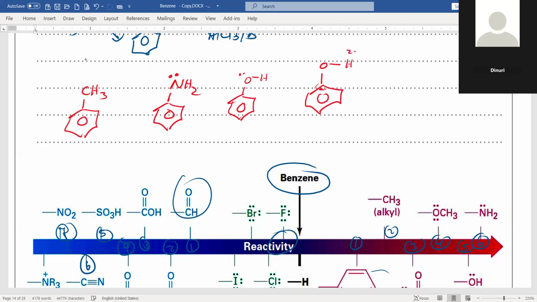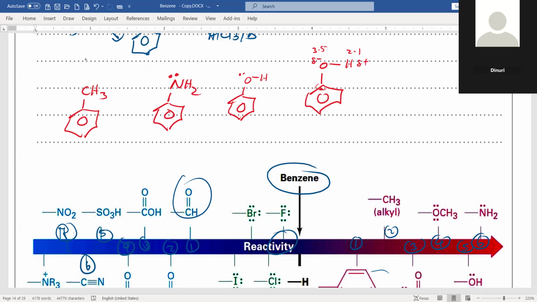The electronegativity is 2.1 here, and the electronegativity is 3.5 here. Then this becomes delta minus and this becomes delta plus. So delta minus will be here.